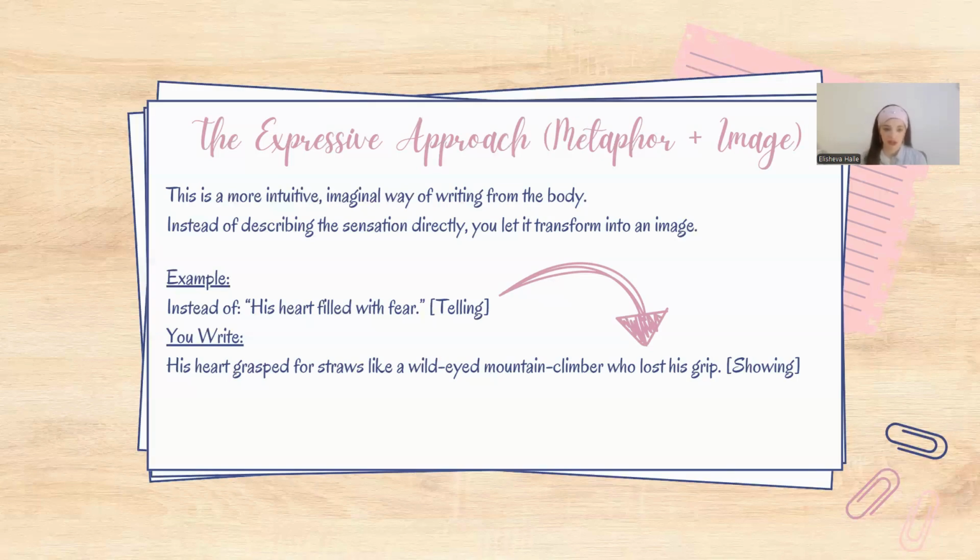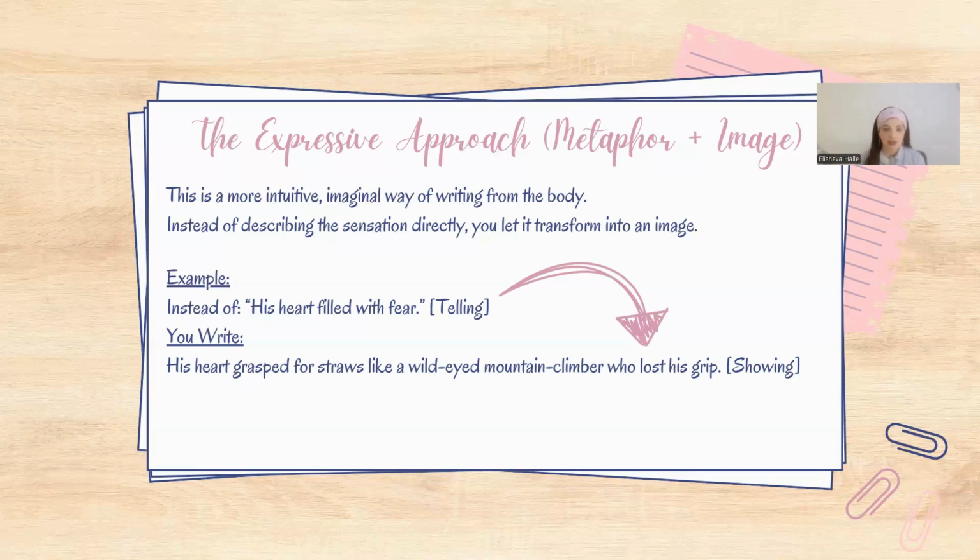Wow, very vivid image. And you could see how you're not directly staying in the body anymore. It's not a heart that's thudding, or a quickening pulse, or a throat that's tightening. It's an image that's outside of the body.